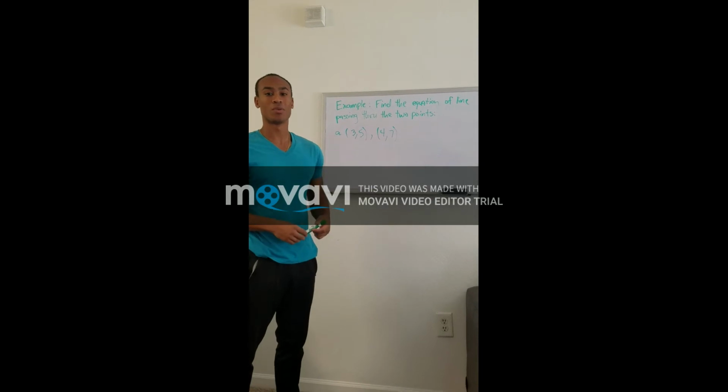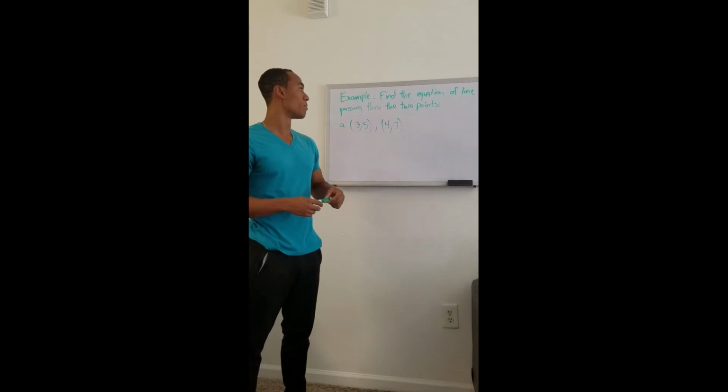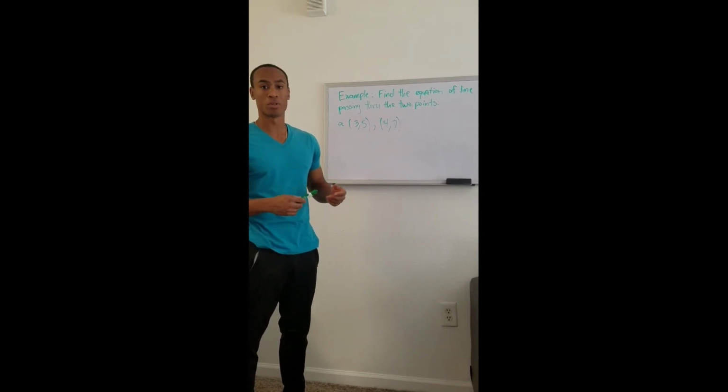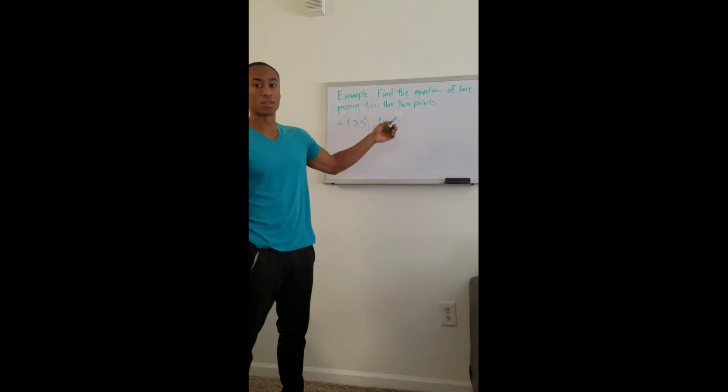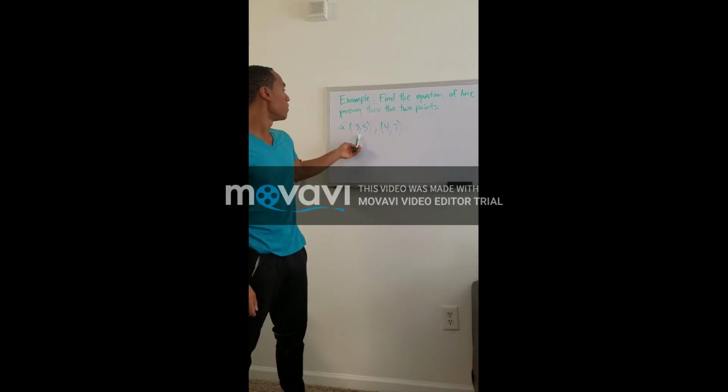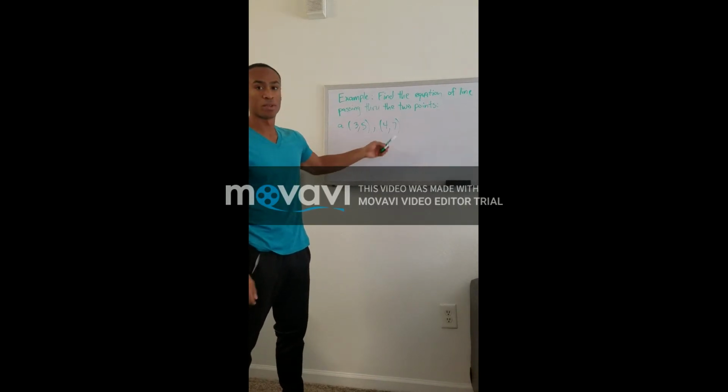Alright guys, next we're going to do another example using the same type of slope-intercept form and point-slope form. So we're going to find the equation of the line passing through these 2 points, (3, 5) and (4, 7). So like I said before, we first have to find the slope.